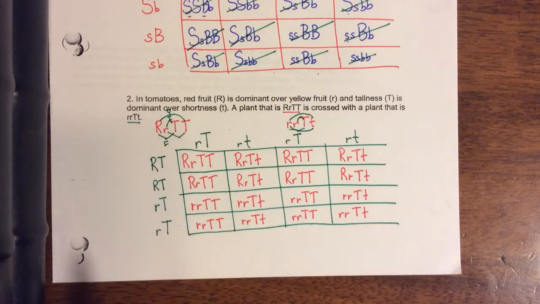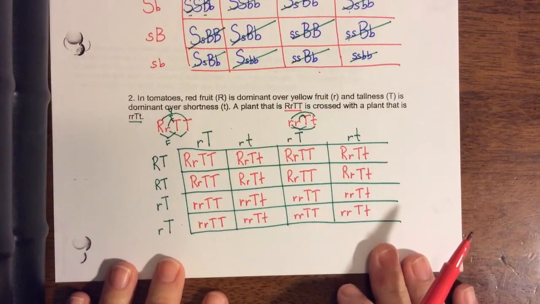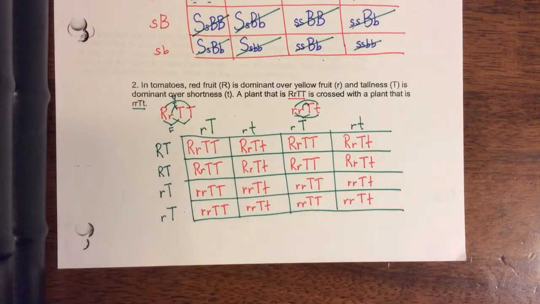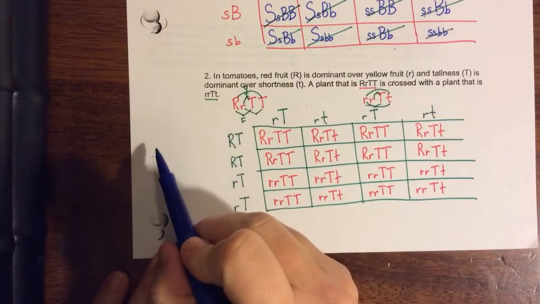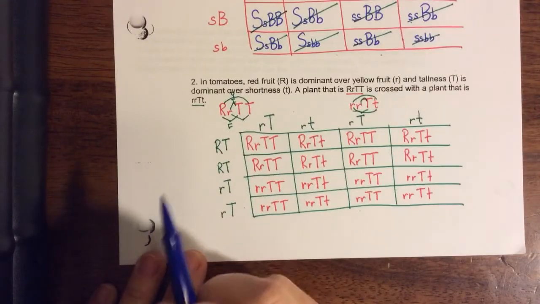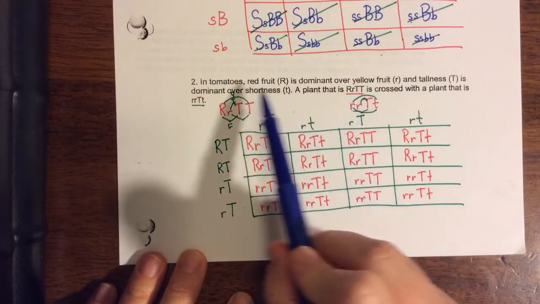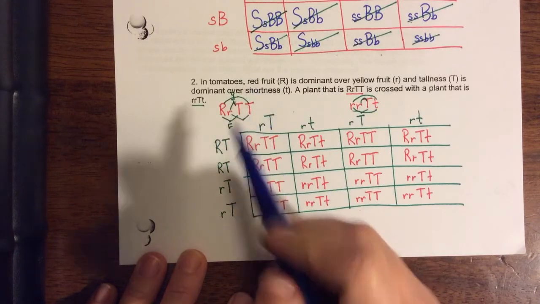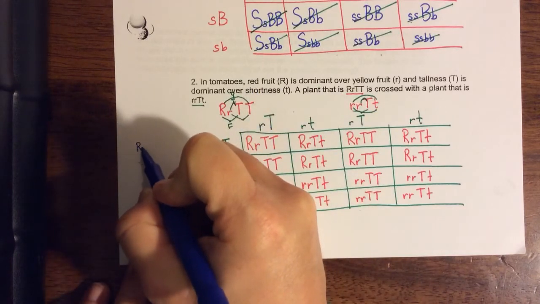So now let's do what we did with the last one and look at our phenotypes. Even though the problem doesn't specifically ask for that, let's just do it for practice. Remember, you can have 4 different possible combinations. I'm going to write it over here on this side. We have a plant that could be red and tall, that's my most dominant.